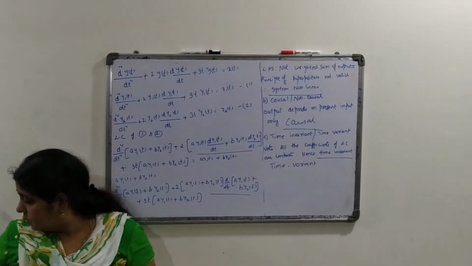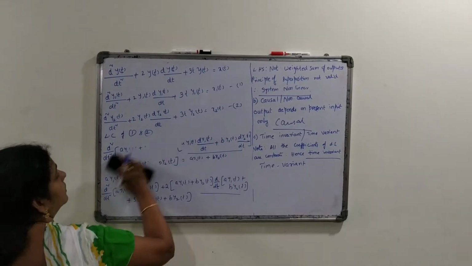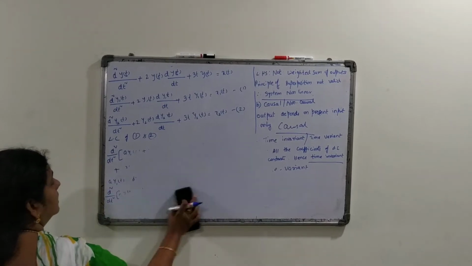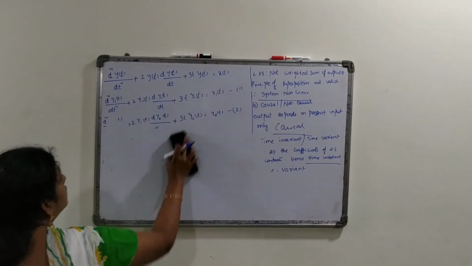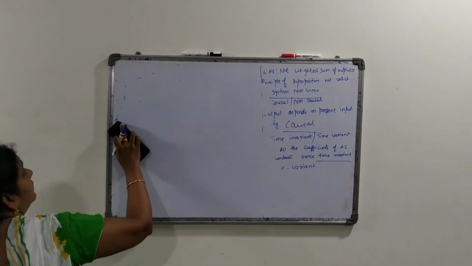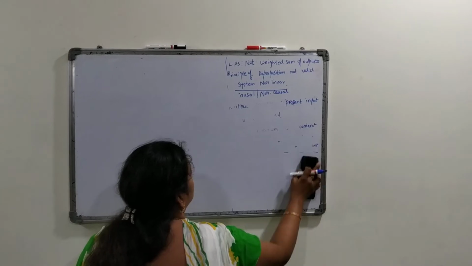Now let's go with the problems in discrete. I'll just go with two problems in discrete. That means you will have your input and output in terms of x of n and y of n. So let's check how we can do it.